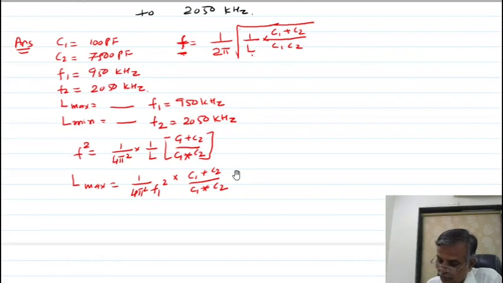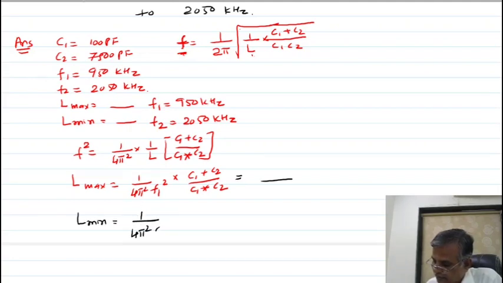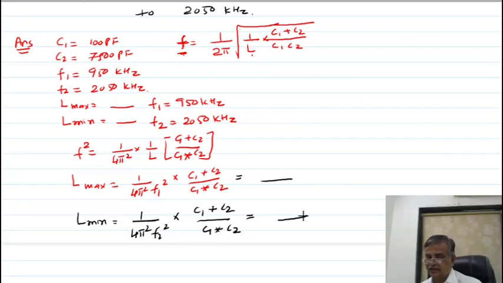This you have to find out, remember. And L minimum you can write 1 upon 4 pi square F2 square into (C1 plus C2 upon C1 C2). You have to find out this. And I'll put the same question on Moodle. In this numerical, find the value of L maximum, L minimum.